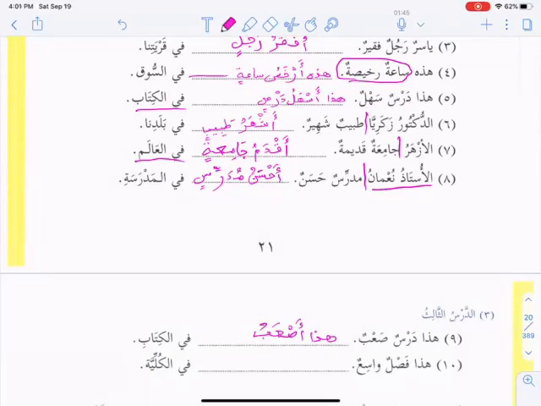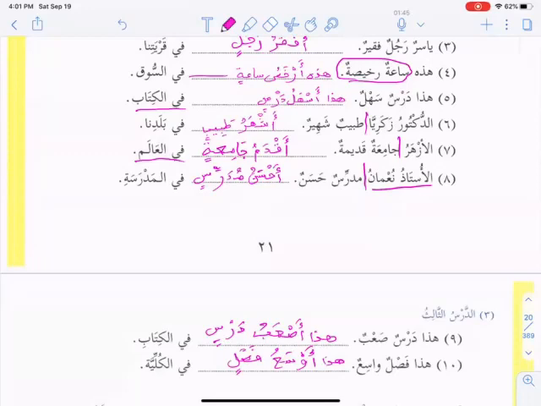This is the most difficult lesson in the book. هذا فصل واسع في كليتي, in the faculty. هذا أوسع فصل في الكليات.